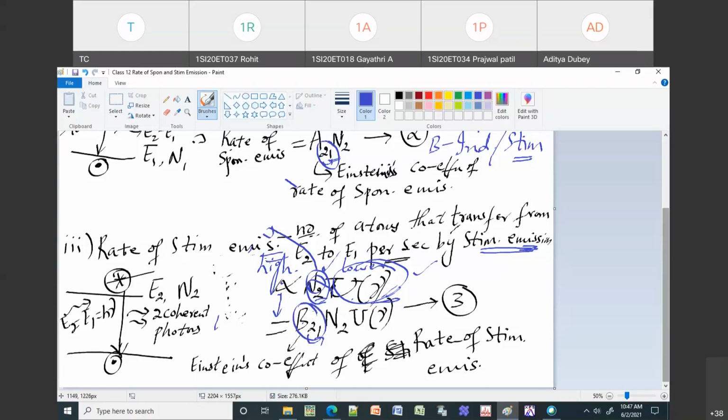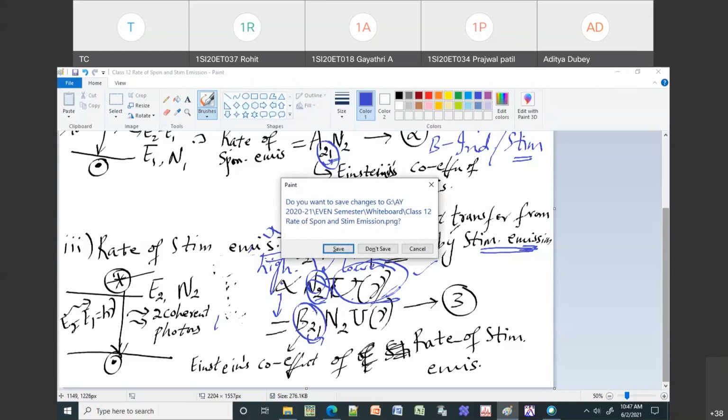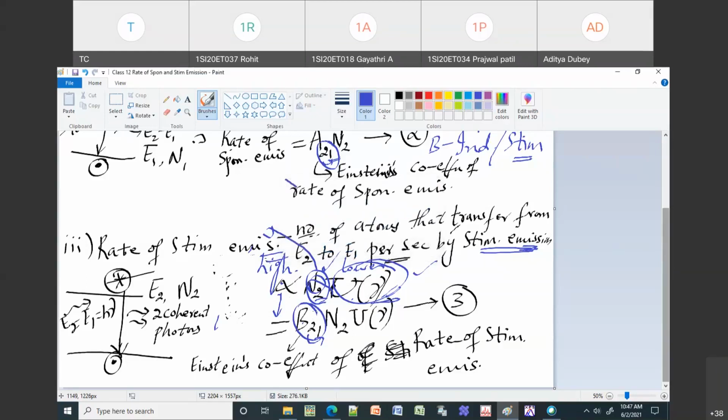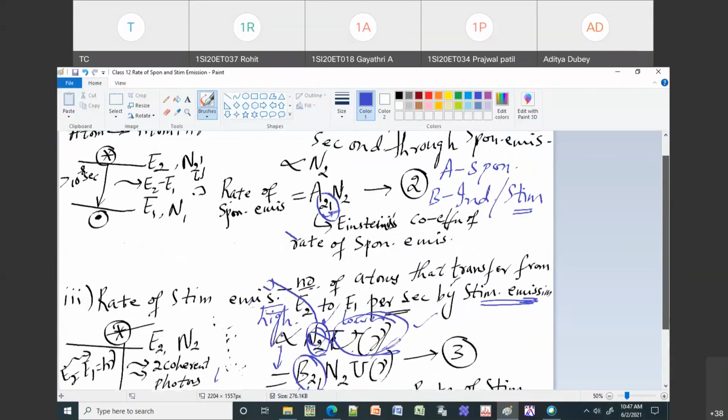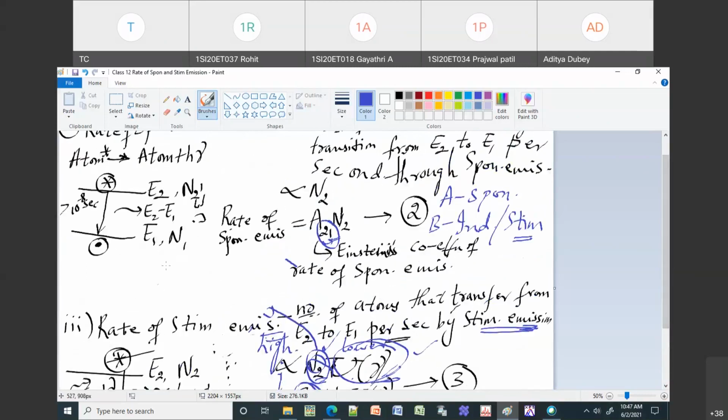Now we will go further with Einstein theory. You have to remember these three equations. The rate of stimulated emission is equation number 3, the rate of spontaneous emission is equation number 2, and there is one more, equation number 1, which is the rate of induced absorption.